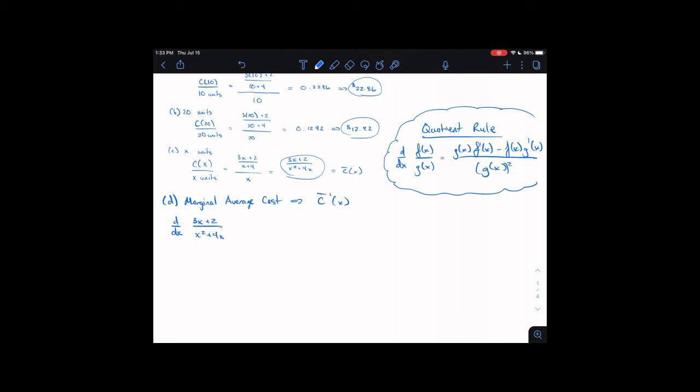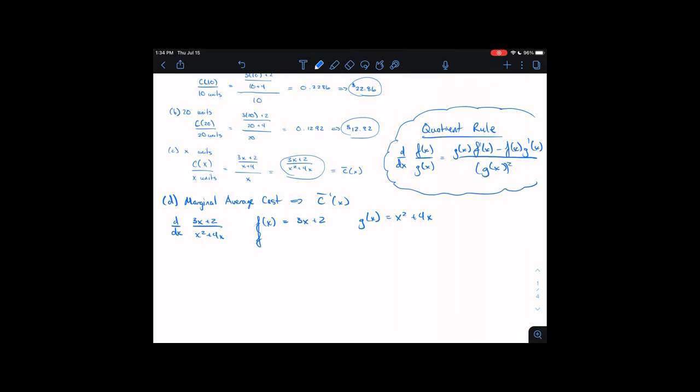Okay, what I like to do, if you want to be extra sure of yourself, is to write f of x, because in this formula we need f of x, g of x, and both of their derivatives. So I'll write f of x as 3x plus 2, g of x as x squared plus 4x.